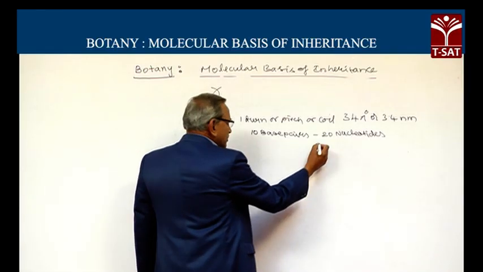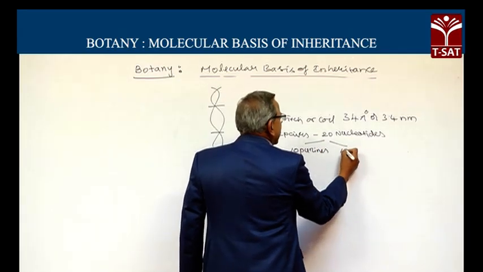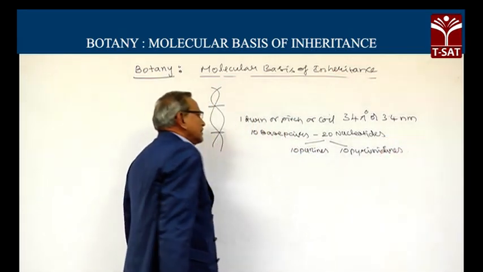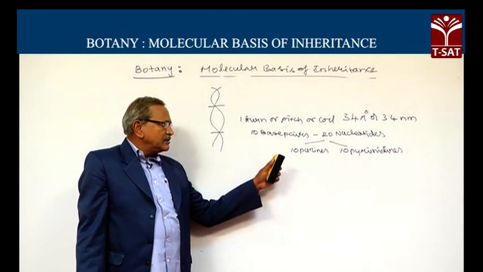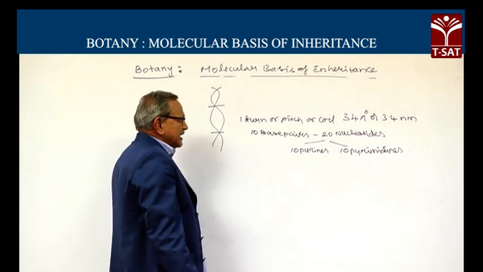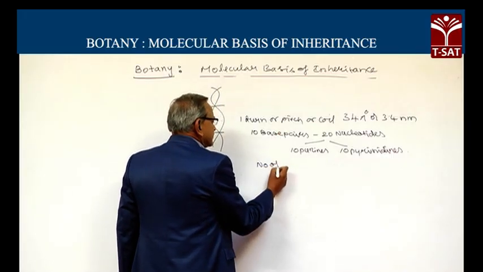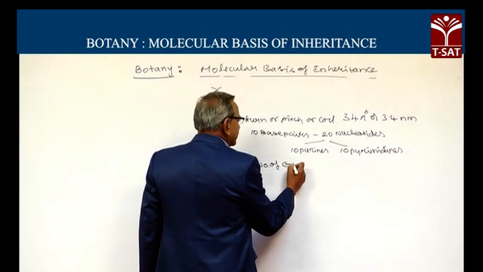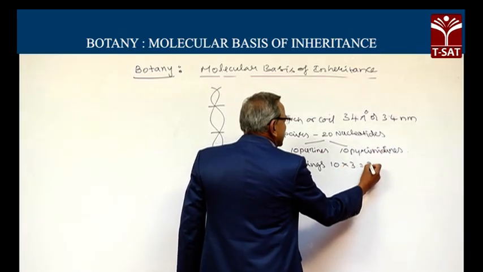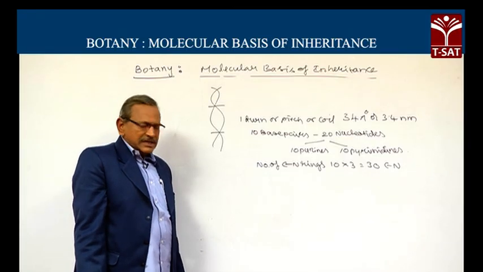Among these 20 nucleotides, 10 purines and 10 pyrimidines will be there. So 10 base pairs, 20 nucleotides, 10 purines and 10 pyrimidines, and the number of CN rings, 10 base pairs into 3, 30 CN rings will be there in one turn of DNA.